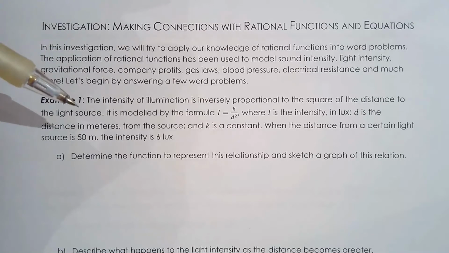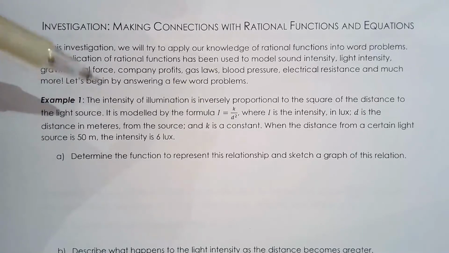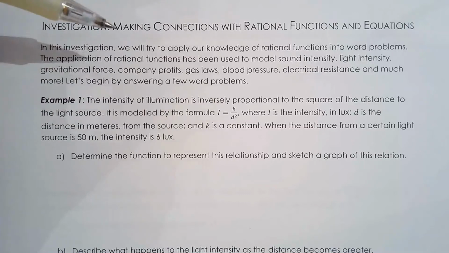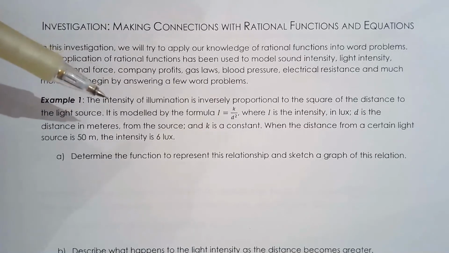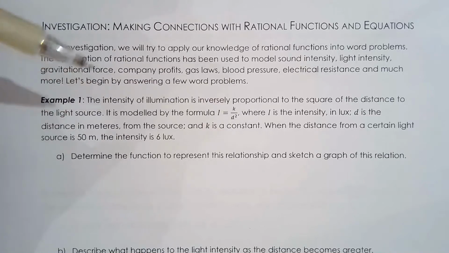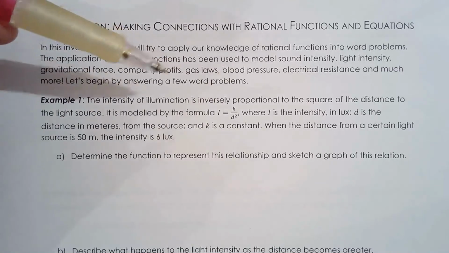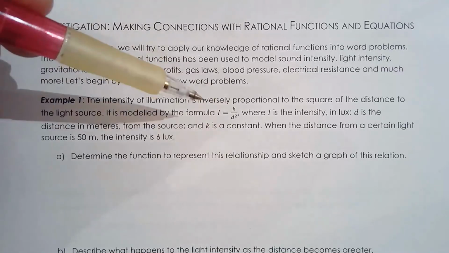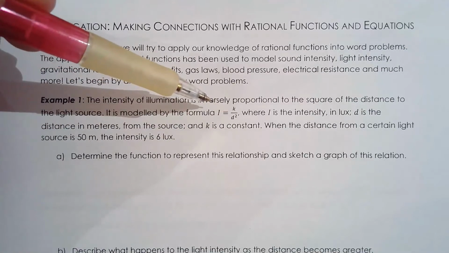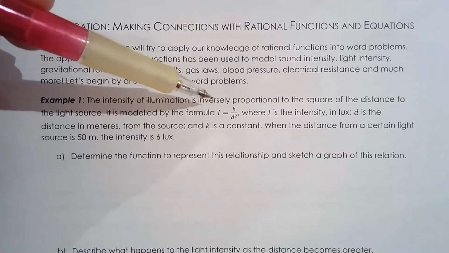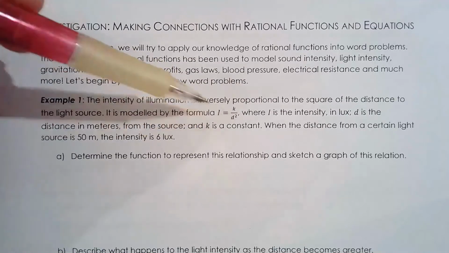If I work at a restaurant, the more hours I work, the more pay I get, and the less hours I work, the less pay I get. So those two variables are directly proportional. Inversely proportional means one goes up and the other goes down. So if I increase distance, the intensity of the illumination will decrease, and vice versa.